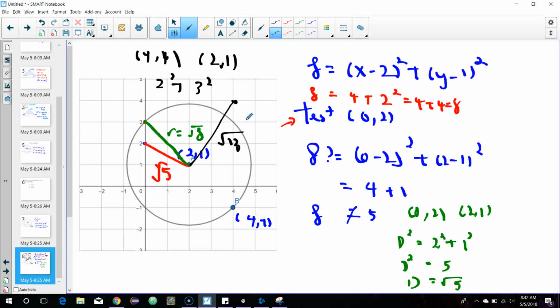In fact, I don't think the book talks about the within and outside that much. They actually talk about if it's on the circle. So on the circle, you really do use your circle equation and plug the numbers in there.